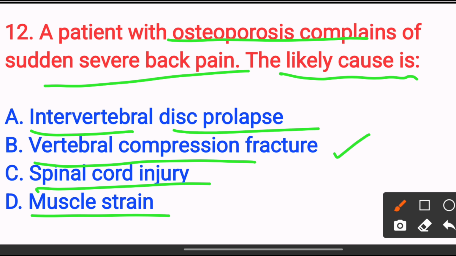The answer is option B, vertebral compression fracture. Osteoporotic vertebrae are fragile and prone to compression fractures even after minor trauma or spontaneous stress. So the answer is option B.